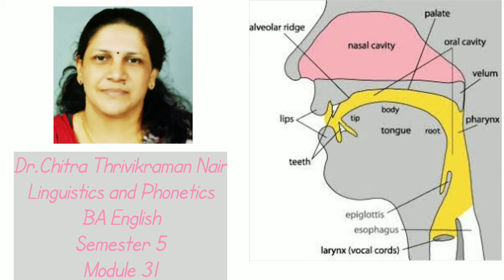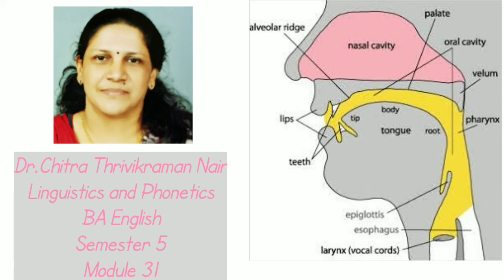The palate, in the sense, the roof of the mouth, and the air coming up from the lungs create a number of sounds. And in many languages, this uvula closes itself to prevent air from escaping through the nose while producing some speech sounds.